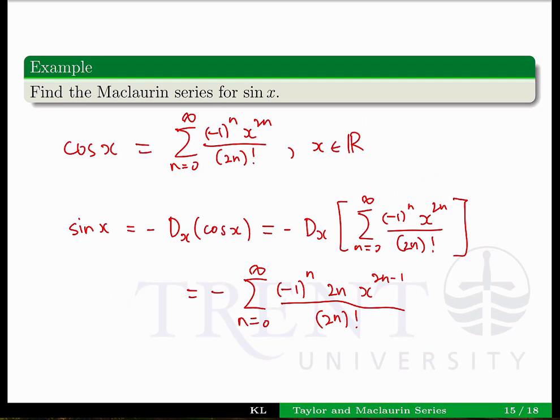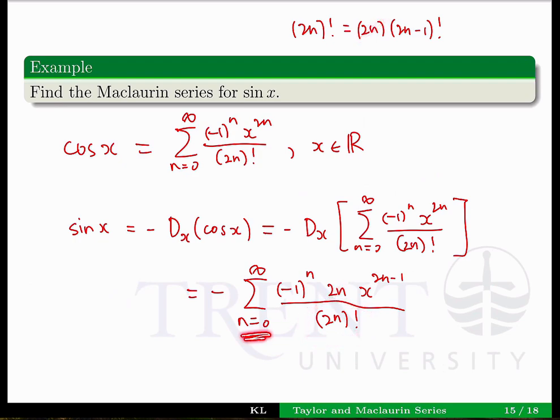But 2n factorial is equal to 2n times 2n minus 1 factorial, which means the 2n here from the denominator will cancel the 2n in the numerator.